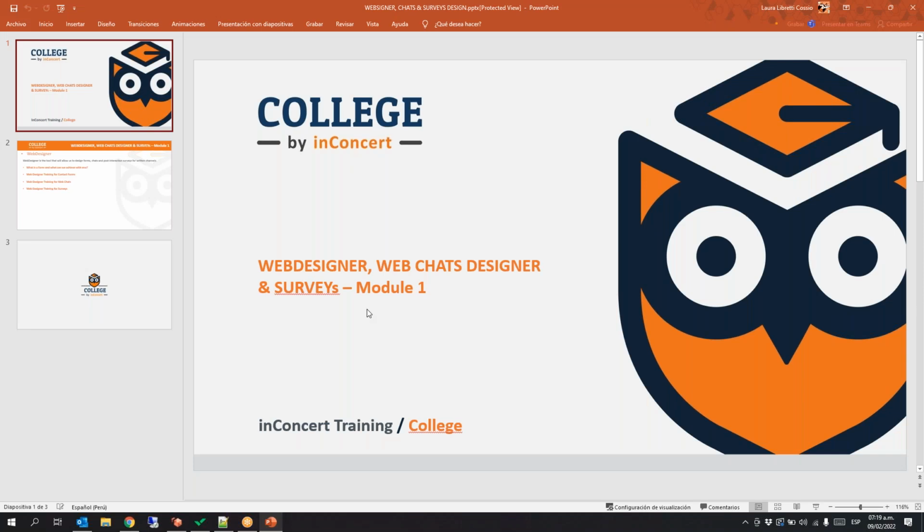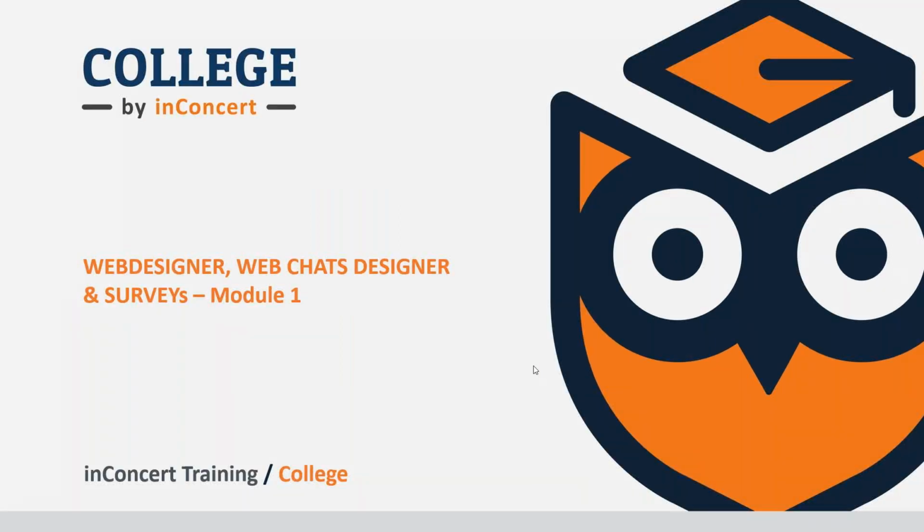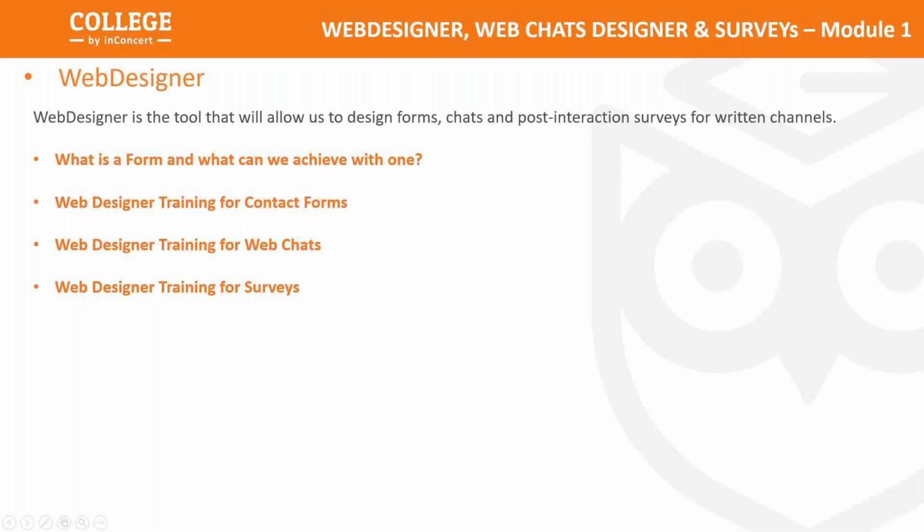Okay, so today we start the web designer, web chat designer, and surveys module, okay? Web designer is the tool that will allow us to design forms, chats, and post interaction surveys for written channels, okay?